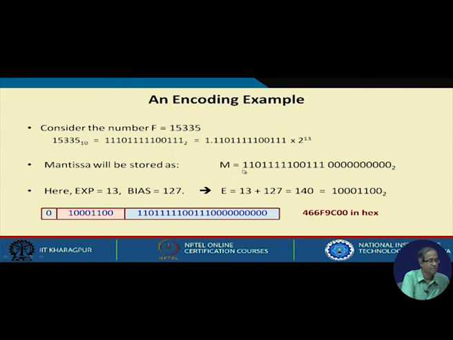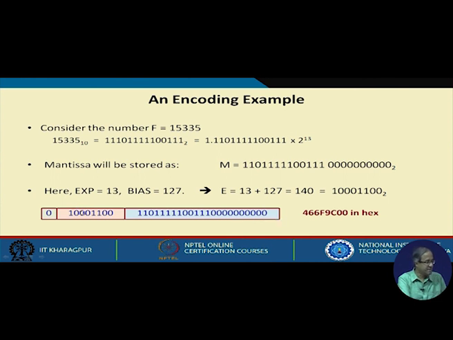How many bits will there be for the mantissa? 23 bits, and the exponent is 13. The bias for single precision is 127. So, the actual value of E will be 13 plus 127, which is 140, which in unsigned binary is this. This number will be stored as sign positive followed by exponent followed by mantissa.